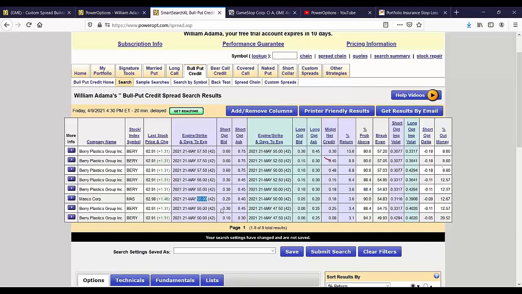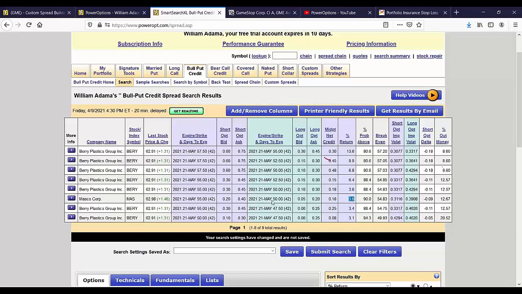Why does Masco have a higher probability at 90% than Berry does with the 55 strike with almost the same stock price? It's because of the difference in volatility. Lower volatility here on average for MAS. So that's why we see a higher probability. And both are the same return, though, at 3.6% for this position.